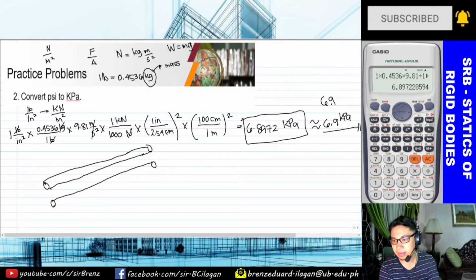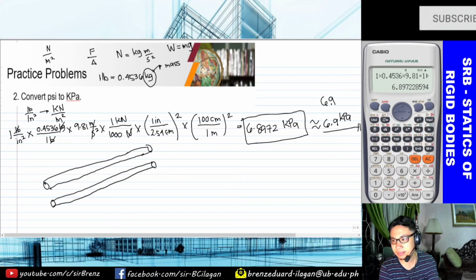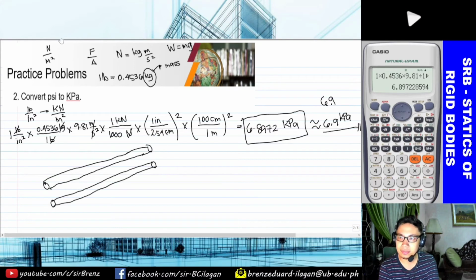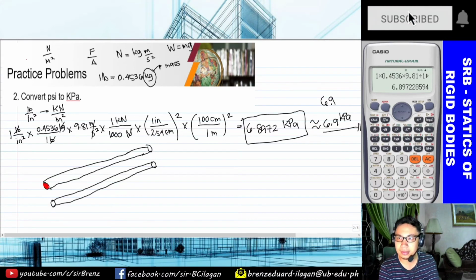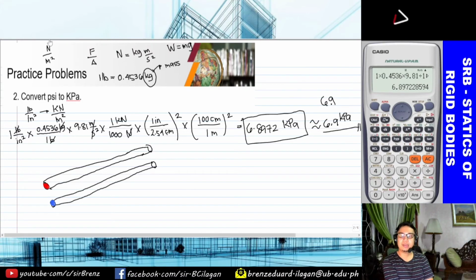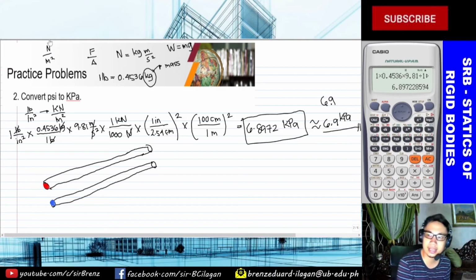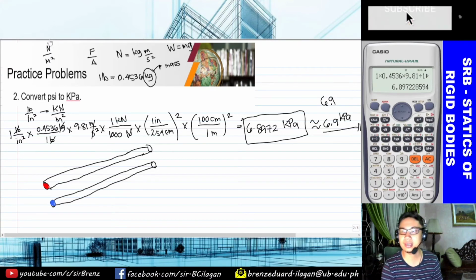Ewan ko lang kung napapansin nyo sa hardware, sa mga construction supply, yung dulo niyan, minsan kulay pula, minsan kulay blue, may green, may puti. So yan, color coding yan para malaman mo yung strength ng isang bakal, yung yield strength.